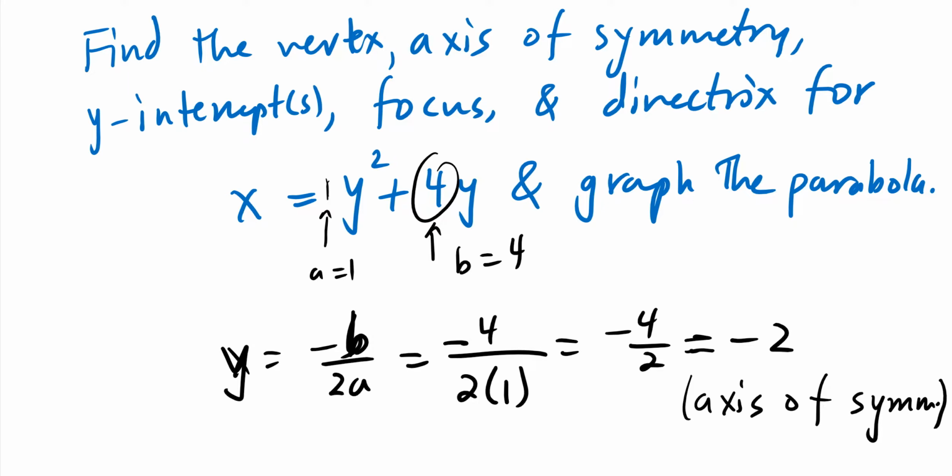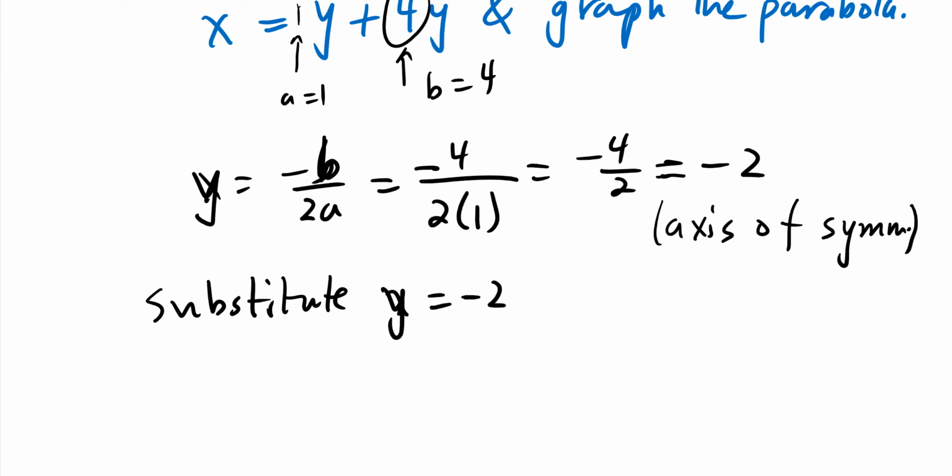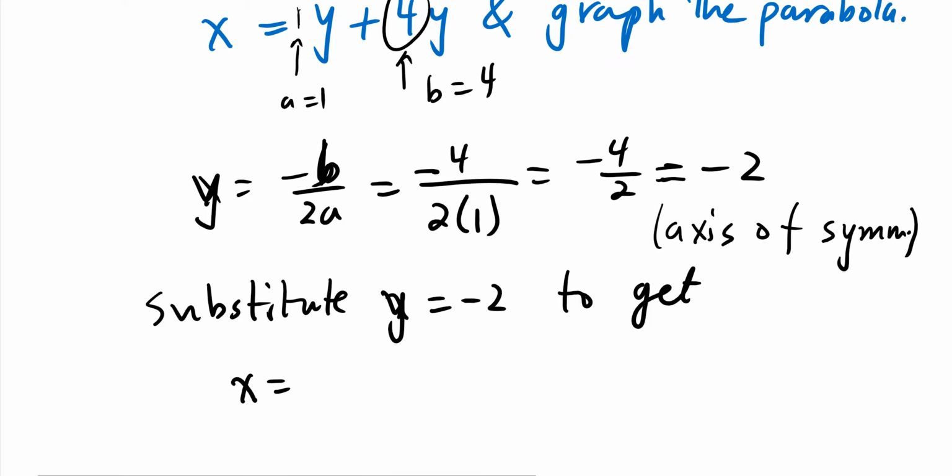So the y coordinate of the vertex is the same as the equation of the axis of symmetry. Now we substitute y equals negative 2 into x equals y squared plus 4y, so that's negative 2 squared plus 4 times negative 2.